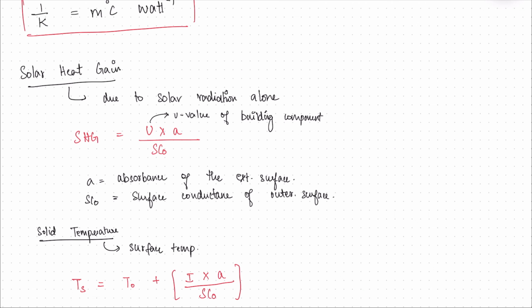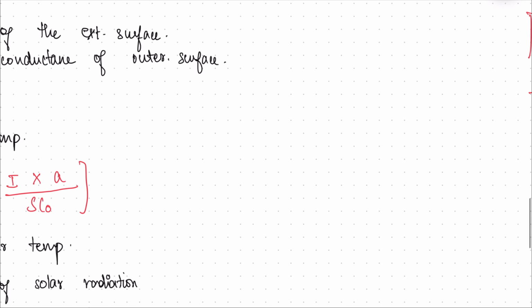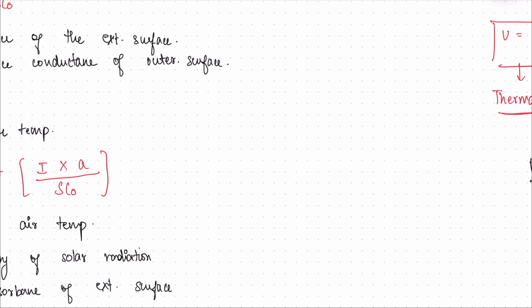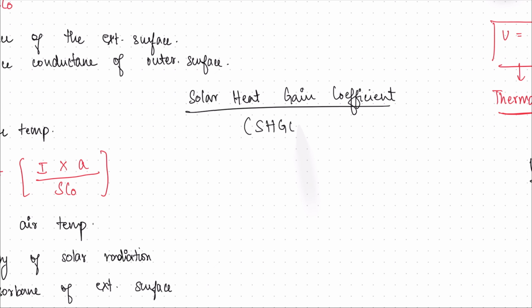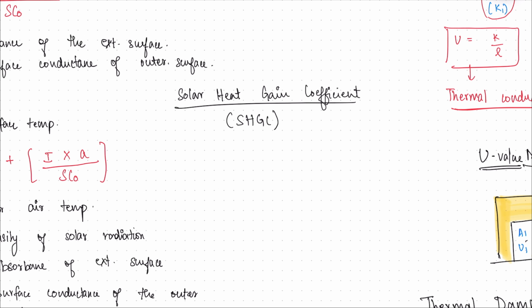Now the solar heat gain coefficient, which can also be written as SHGC, is basically the ratio of the solar heat admitted to the building to the total incident solar radiation.